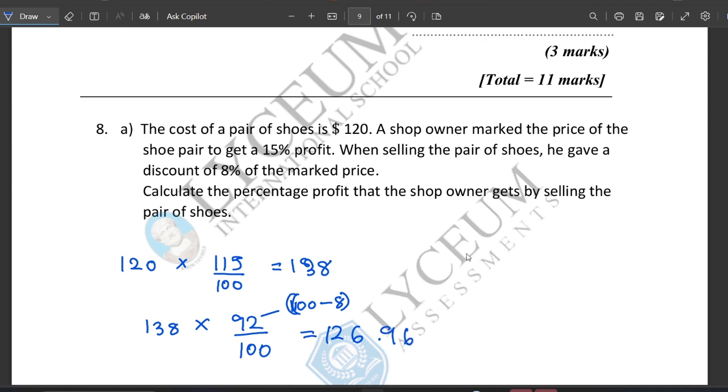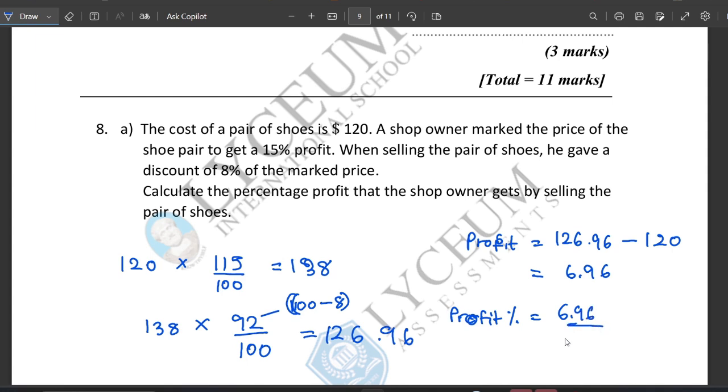Okay, then I can find the profit. And 6.96. Then percentage profit over the cost.